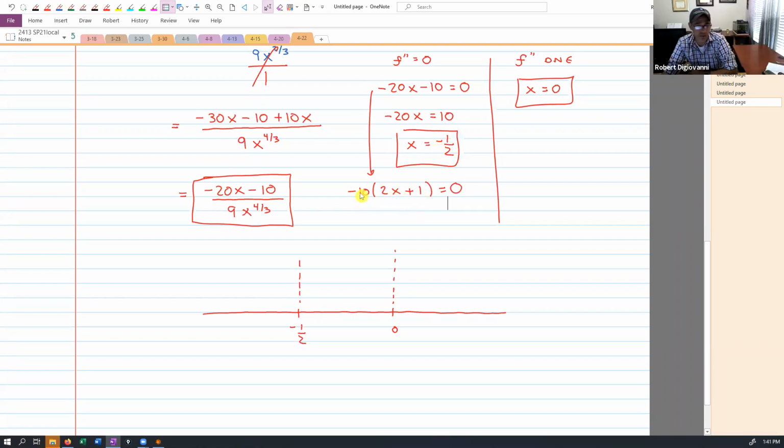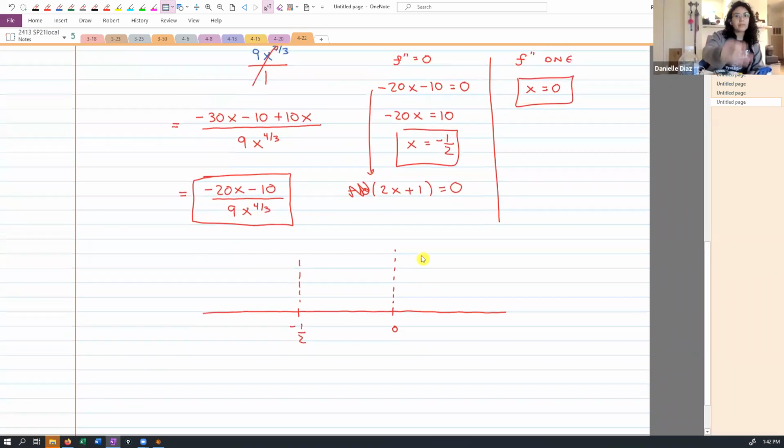But -10, you do not set equal to 0. -10 can't be 0. That doesn't give you 0. So you just ignore that. The 0 would only come from the denominator part. Now, had you factored out a -10x, like let's say this would have been x squared minus 10x, then you would have had x is 0 too.